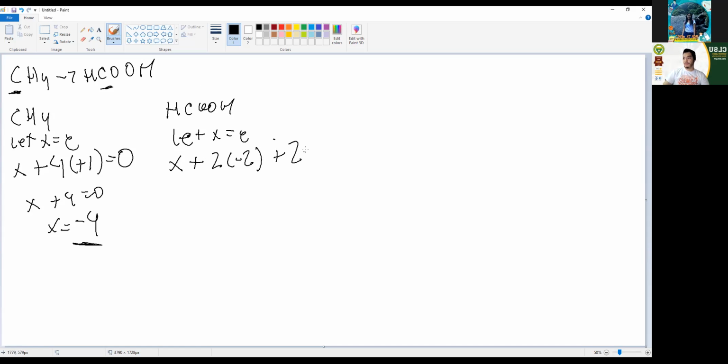So, 2 times positive 1. So, ang overall charge ng compound is 0, equals to 0. So, X plus 2 times negative 2 is negative 4, plus 2 times 1 is 2, is equal to 0.